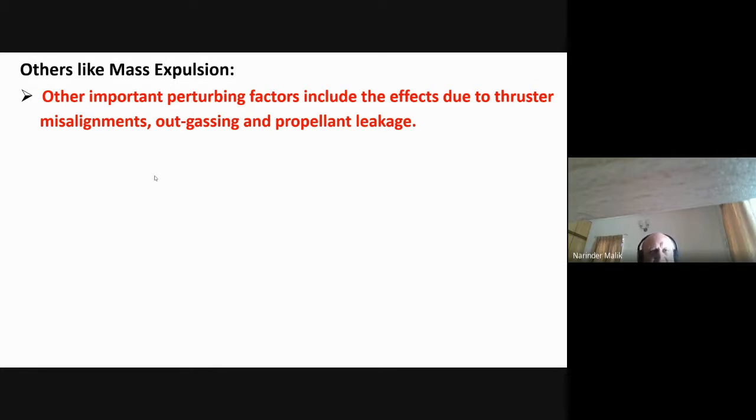Depending on the material, the outgassing can cause disturbance, and we have seen this outgassing effect very often in the initial phase of the spacecraft, when the spacecraft goes to the geostationary orbit. In the first 2 weeks of the geostationary orbit, we have seen many times very large disturbance torques because of outgassing. But then subsequently it settles down.